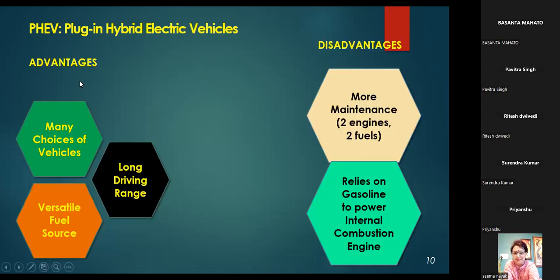So these are the advantages and disadvantages of this PHEV system. Many choices of vehicles are available in our market, with versatile fuel sources and long driving range. Previously the driving range of the electric vehicle was very short, but day to day it is increasing.